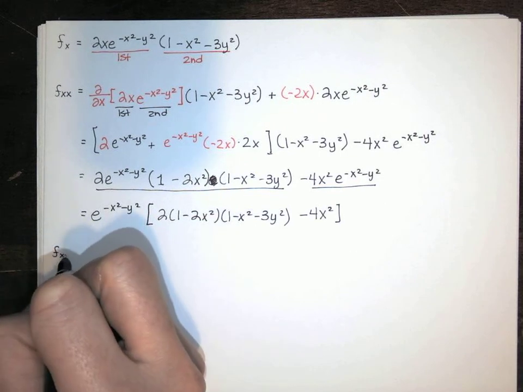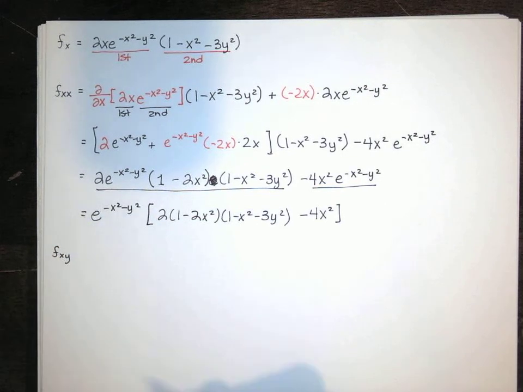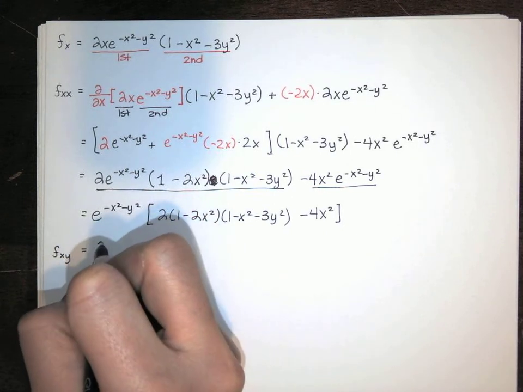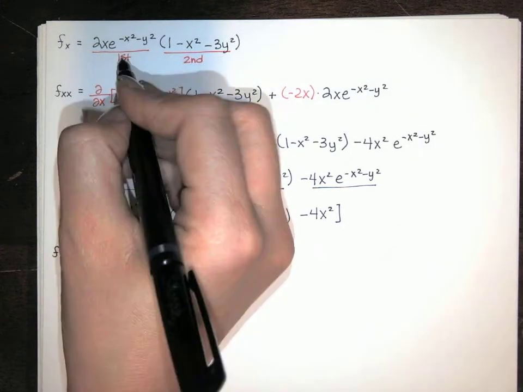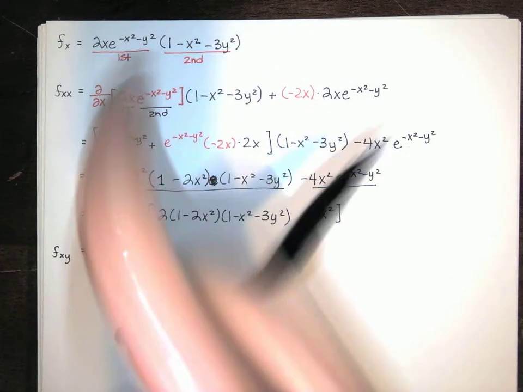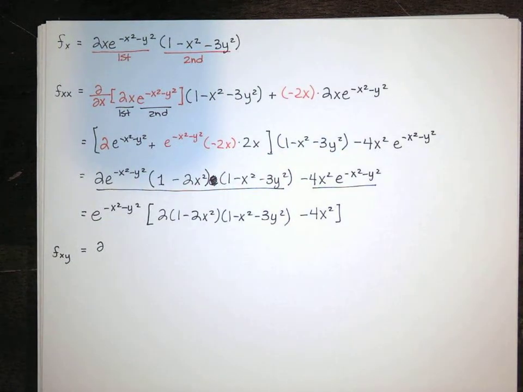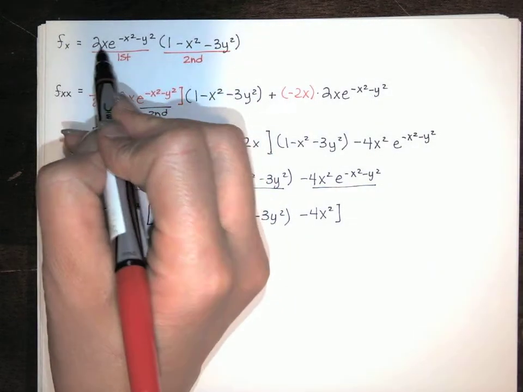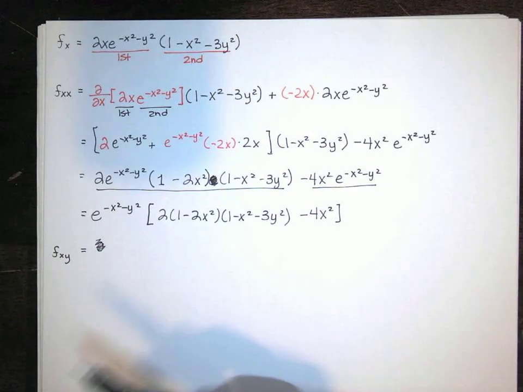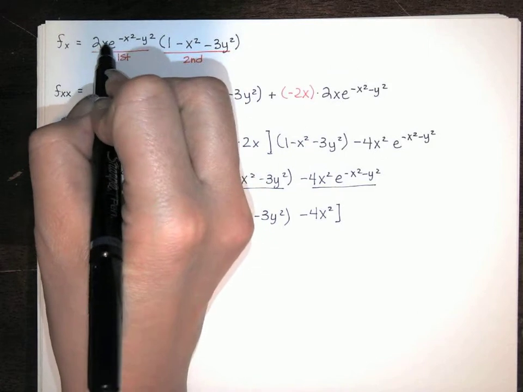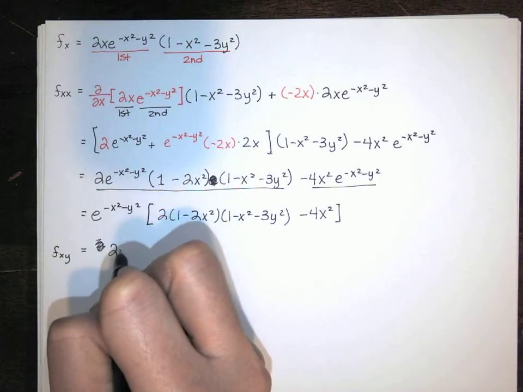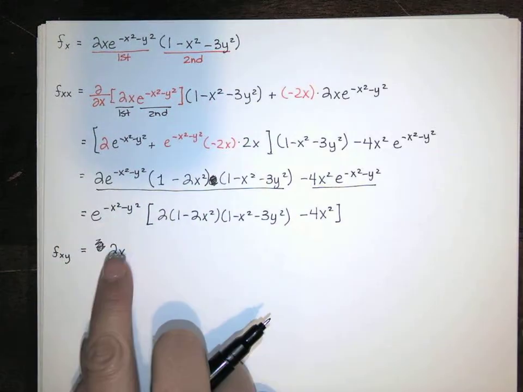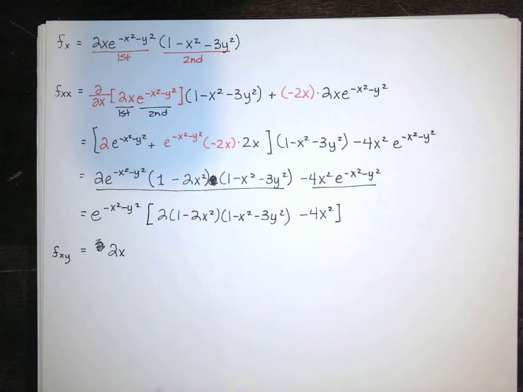Now let's find the first mixed partial of f with respect to x, and then y. So I'm taking the derivative with respect to y, it's still product rule again, that's a function of y, and that's a function of y. So I won't write this time. So the derivative of the first with respect to y, well, 2x is a constant with respect to y, so I can bring that down. The derivative of a constant times the function of y is the constant times the function of y.